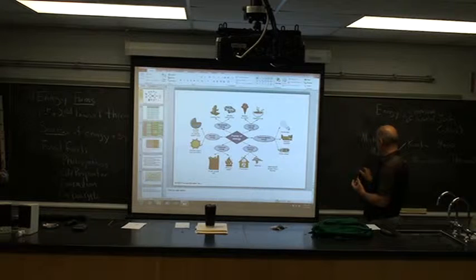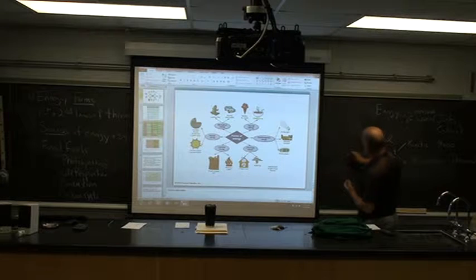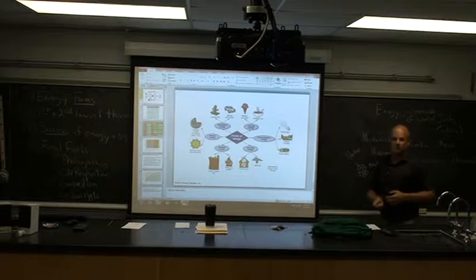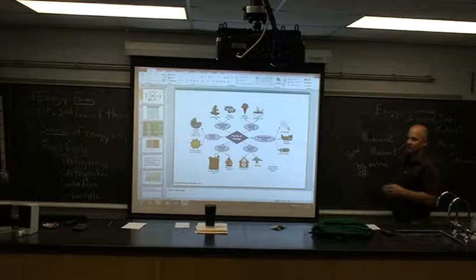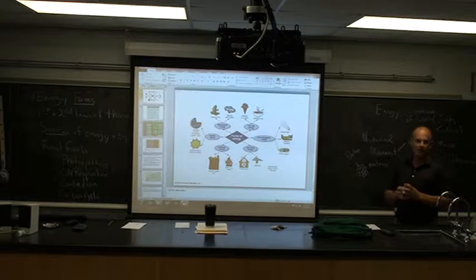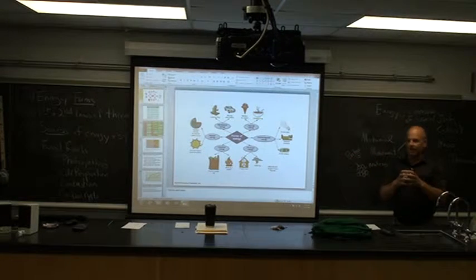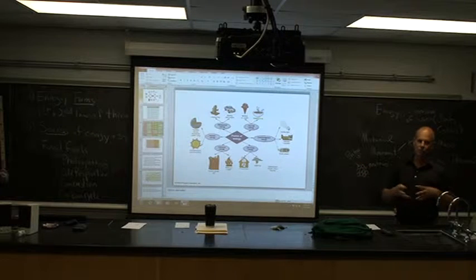The nucleus of an atom is made up, and for lack of a better symbol of drawing them, I'm just going to draw these little circles, of protons and neutrons. It's thought that the neutrons, since they don't have a charge, keep the nucleus together, because if you just put a whole bunch of protons together, protons have a positive charge, and positive things don't like to stay together because similarly charged particles repel.